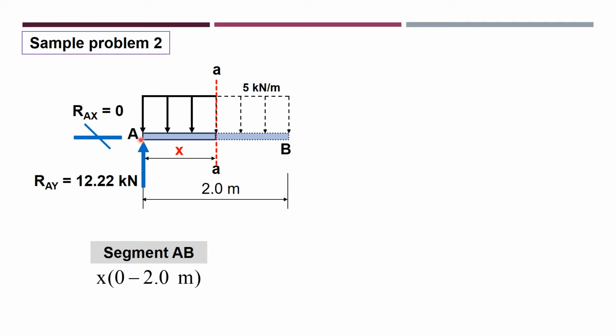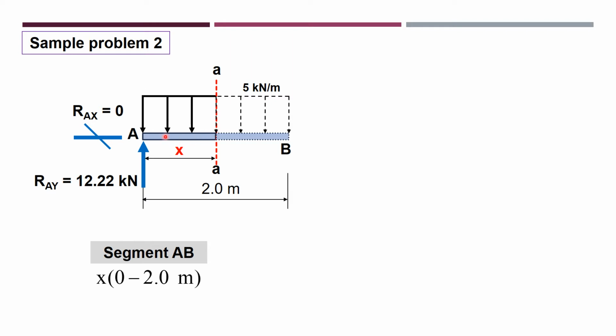At dun sa kabuuan ng 2 meters, dyan naka-apply yung 5 kilonewtons per meter. But since yung ating imaginary cutting plane ay hanggang dito lang at any distance x between 0 to 2, so sa pag-sum up ng vertical forces, itong kapraso lang na to ang kukuhanan mo ng equivalent single force.